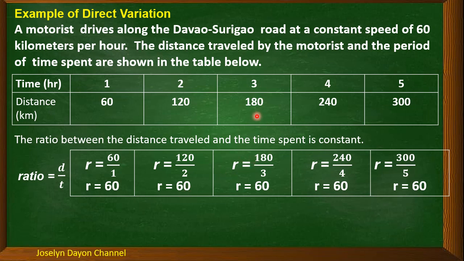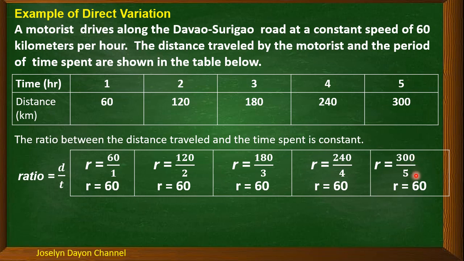For the third column, the distance traveled is 180. The time spent is 3 hours. So 180 divided by 3 is also equal to 60. Next, 240 divided by 4 is also equal to 60. And on the fifth column, we have 300, the distance traveled within 5 hours.